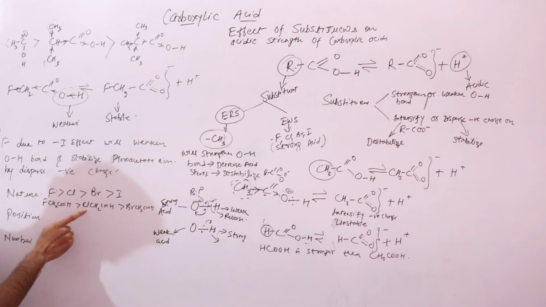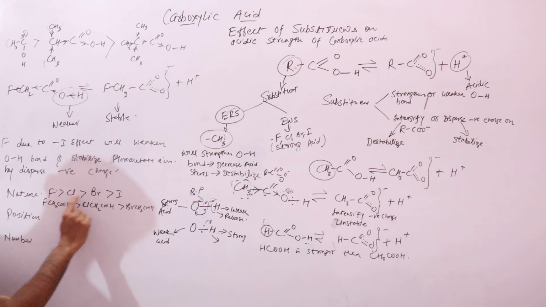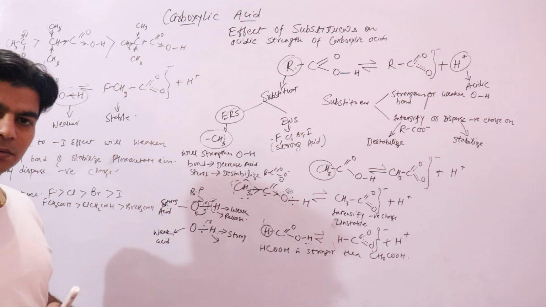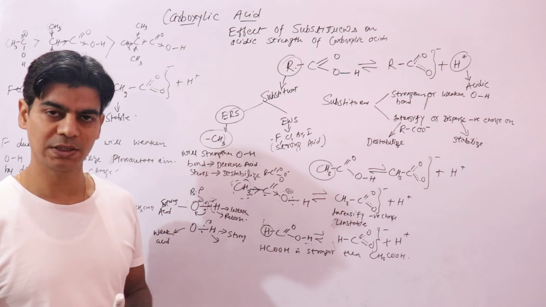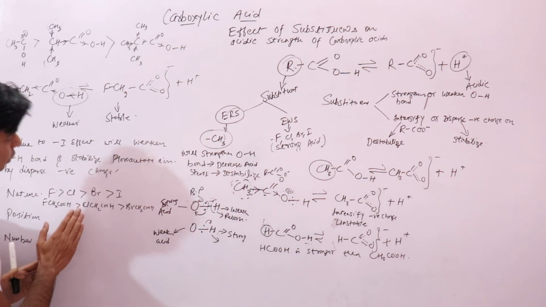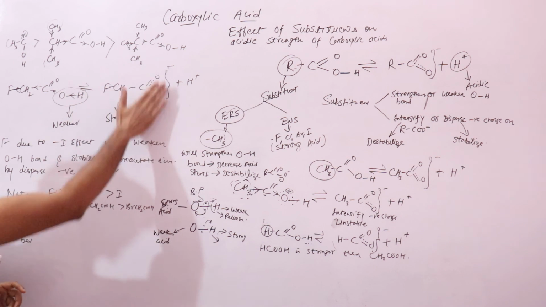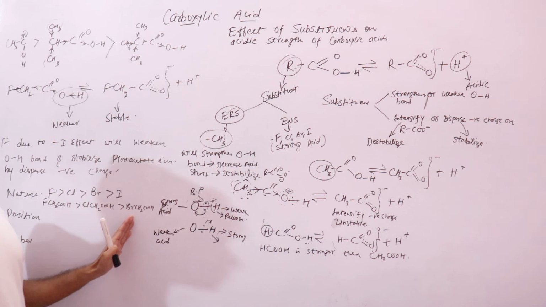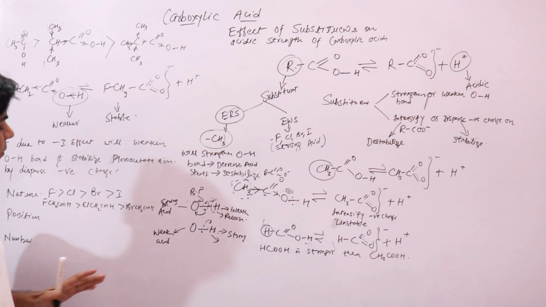Why? Because this is the sequence of electronegativity. If chlorine is more electronegative than bromine, then chlorine will attract the electron density towards itself with a greater force. So it will stabilize this ion more. That is, chloroacetate ion would be stabilized more compared to bromoacetate ion, right?